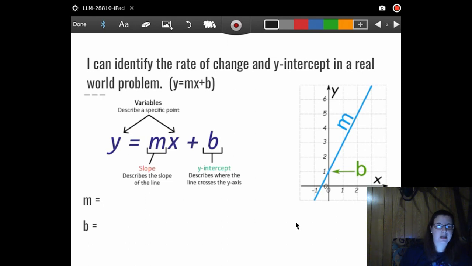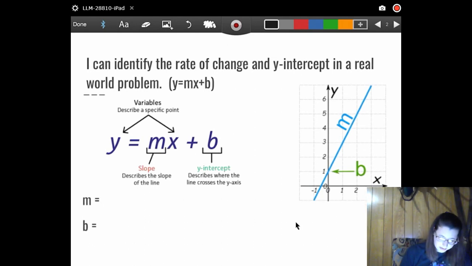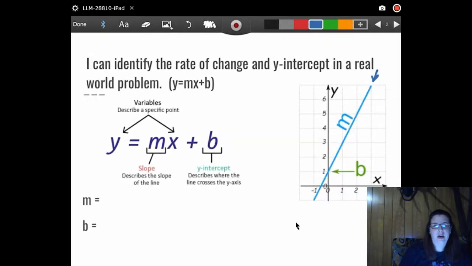So the very first thing, our m represents our slope. And our slope, when we look at the definition of our blue line here on our picture, it's what angle that line occurs in our graph. When we're graphing it, how steep or flat or up or down is our line.